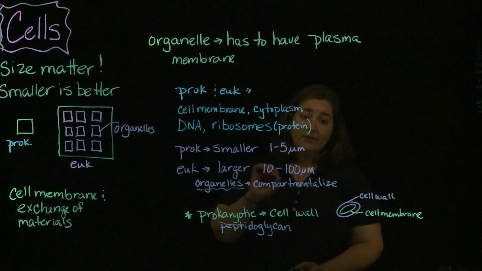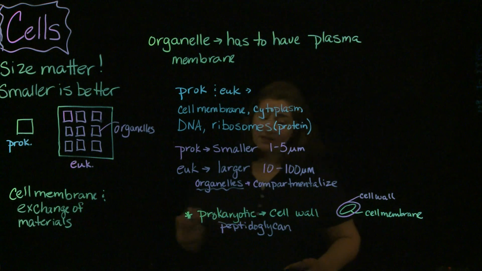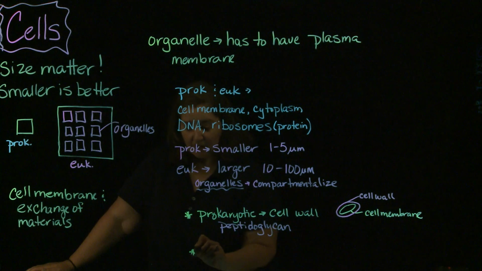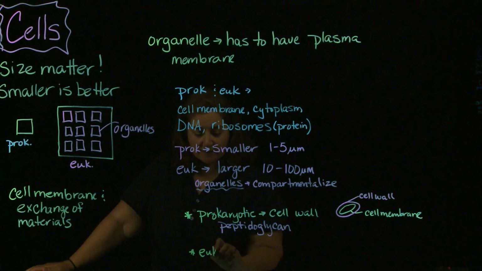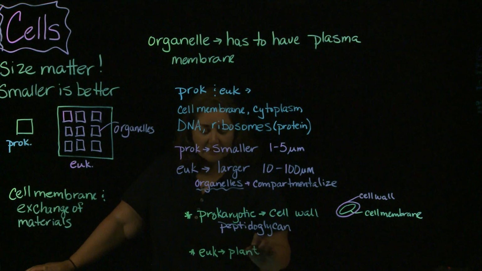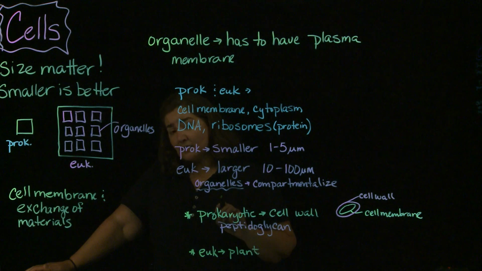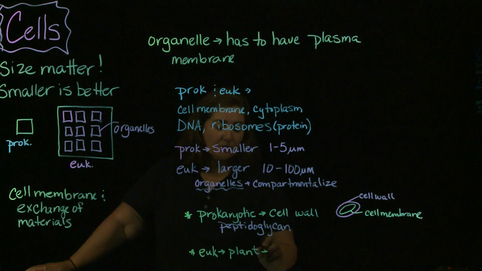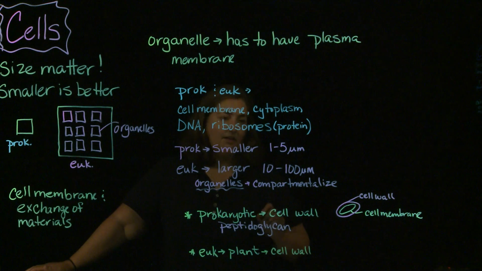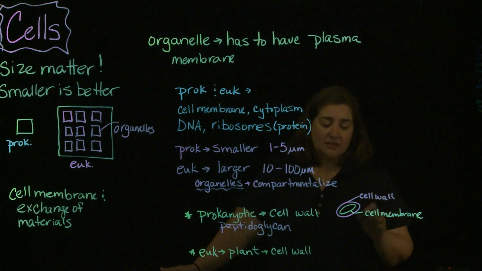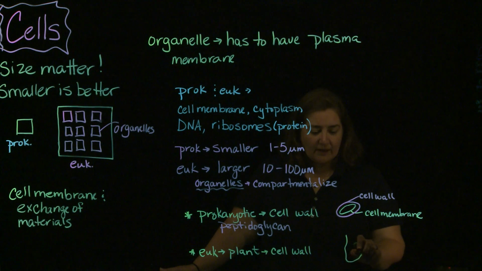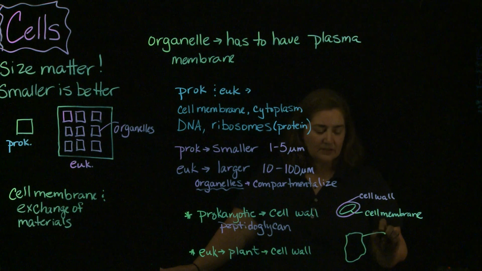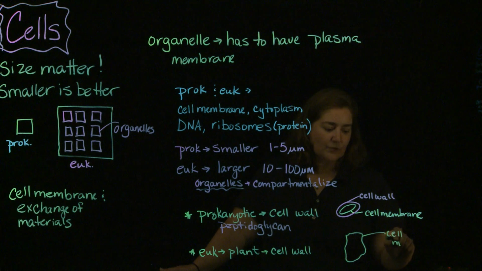All right? There are some eukaryotic cells that have cell walls. The eukaryotic cells that have a cell wall are going to entirely be plant cells. Okay? So plant cells will also have a cell wall. It's going to be a little bit different. You're still going to have, and I'll draw it here, this is still going to be our cell membrane with our plant cell.